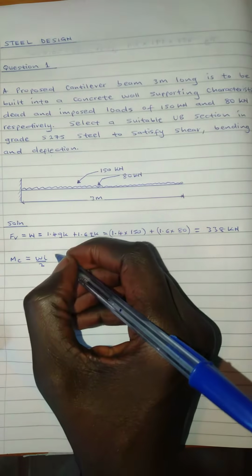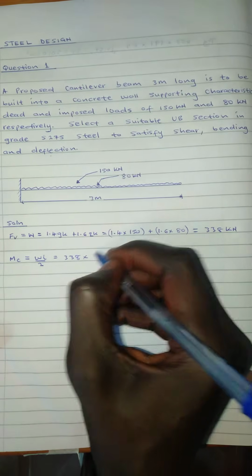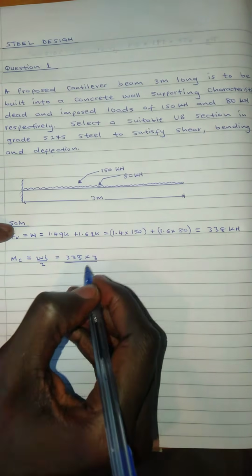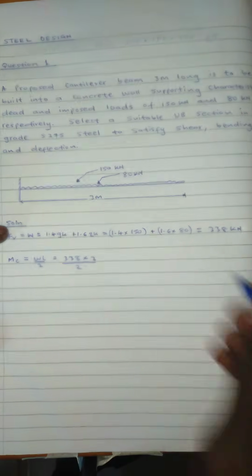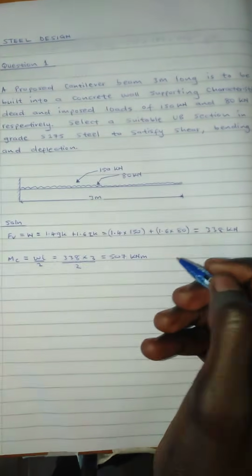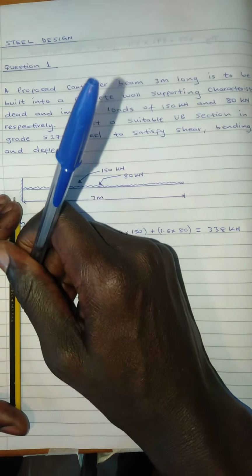So our W is 338 times 3 meters divided by 2, and we get 507 kilonewton meters.